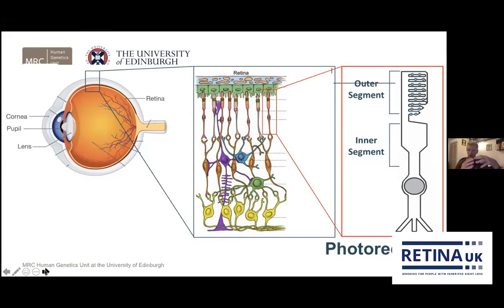Thousands of molecules are trafficked from the inner segment of the photoreceptor into the outer segment, which allows them to be packed together. Therefore, whenever light falls on the retina, it stimulates these rhodopsin molecules in the outer segment, which then allows us to generate an electrochemical signal, which goes to the brain and tells us what we're seeing. So this photoreceptor is the most important cell for vision. It is very, very active because of the thousands of molecules per second that have to be trafficked from the inner segment to the outer segment.